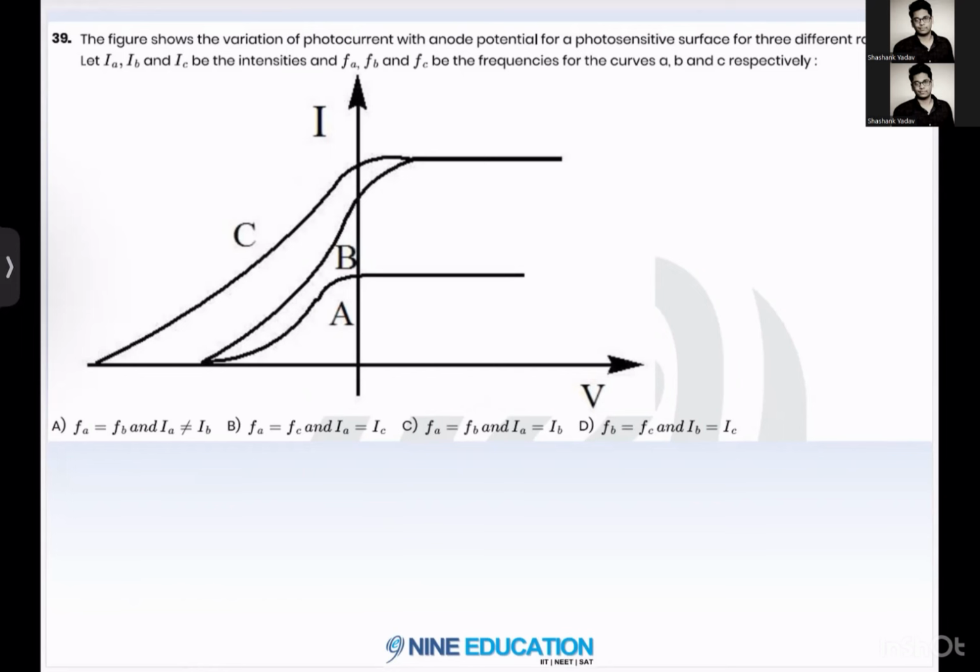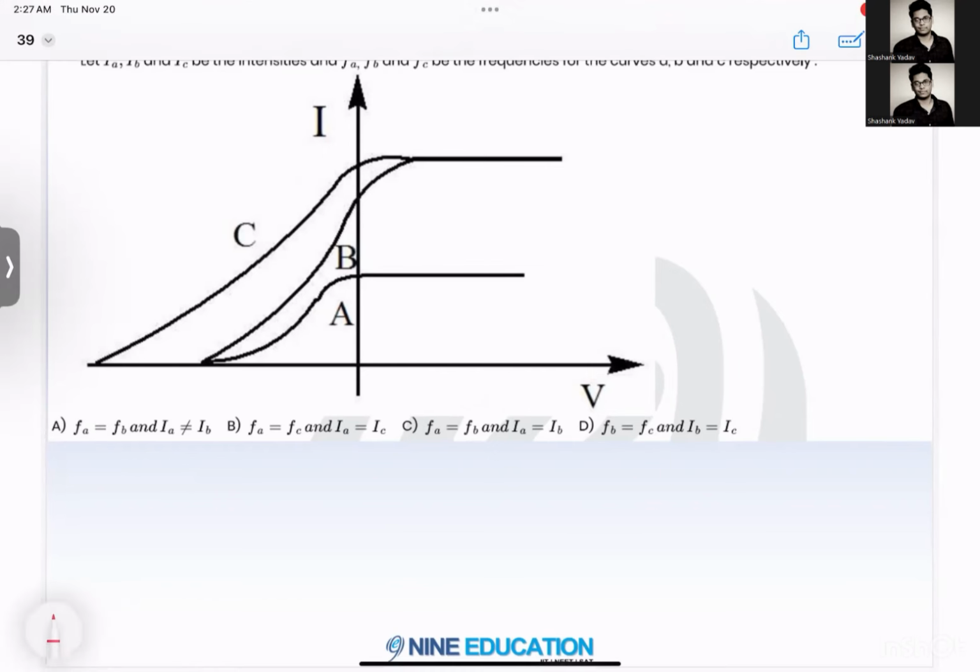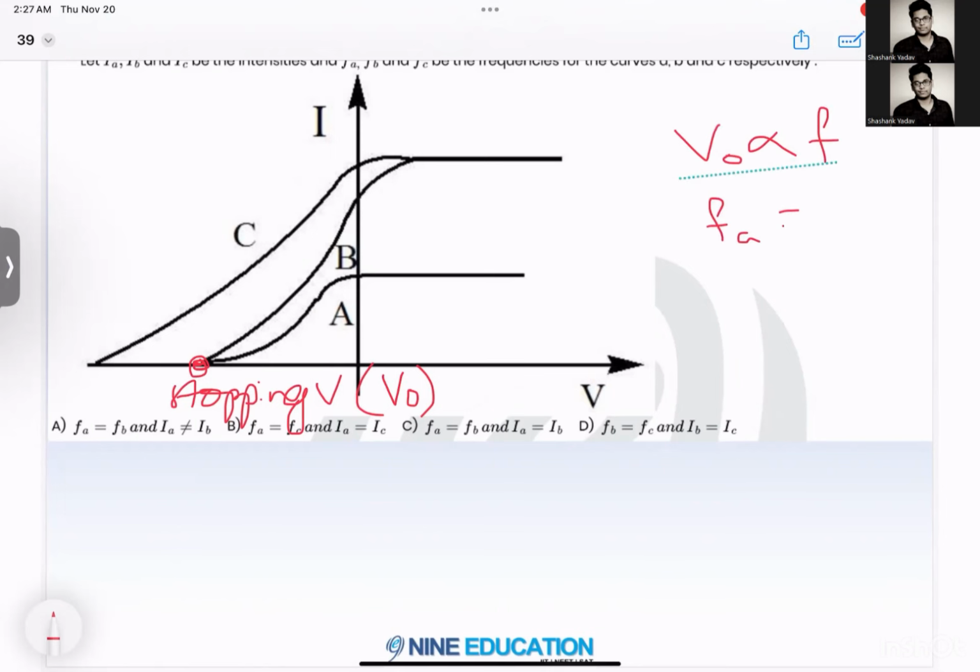In this graph, we should understand that this point where the graph is touching the x-axis is called the stopping potential, denoted by V naught. By the looks of it, the stopping potential is same for A and B. And the stopping potential is directly proportional to the frequencies. Therefore, we can say frequency of A is equal to frequency of B.